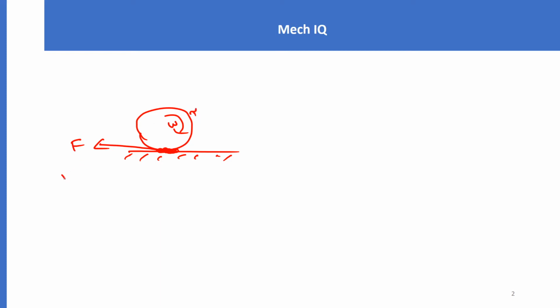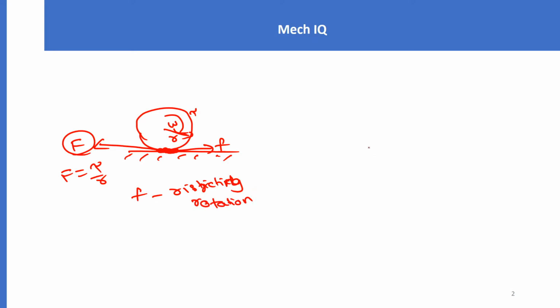So this F is equal to tau by R if the radius is R. So here the net force is F, and due to the friction there is a force like this. Here friction is restricting rotation.